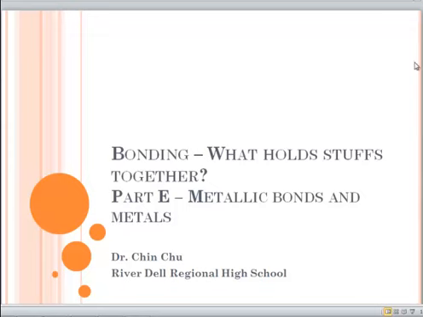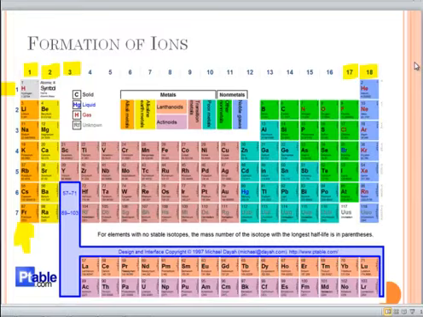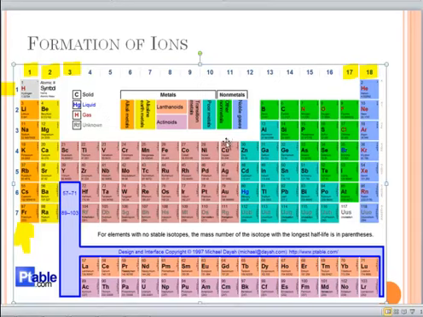As you can recall, this ever important, the most important table in the world, the periodic table. With between 110 and 120 elements known now, the vast majority of them are classified as metals.